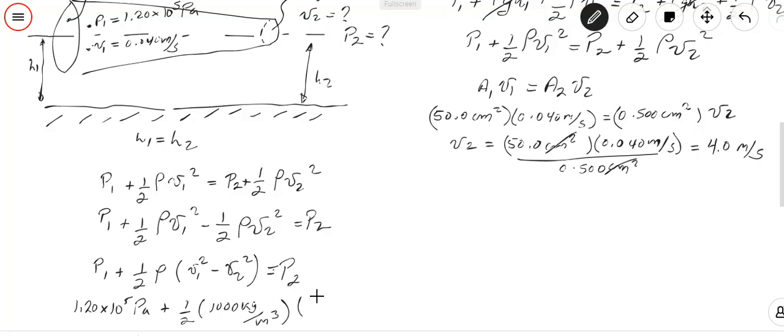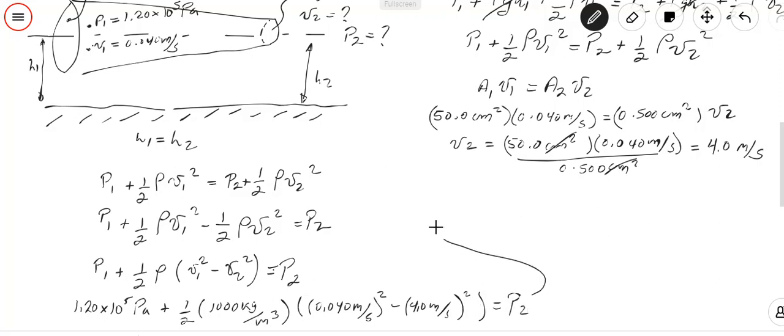We have to square the velocity in section 1, that is 0.040 meters per second, squared, minus the square of velocity 2, that is 4.0 meters per second. All this is equal to P2.